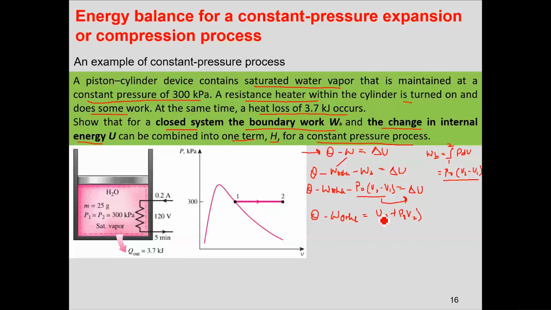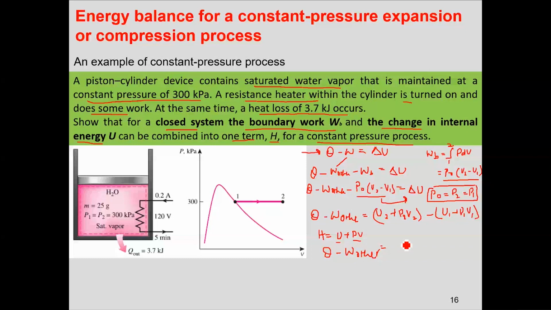And I know that enthalpy is a combination property of U plus PV, the internal energy plus the flow work. I can write it as Q minus work other is essentially equal to H2 minus H1. So this is where we have combined the internal energy and the boundary work in terms of enthalpy. This is the expression we have already seen.